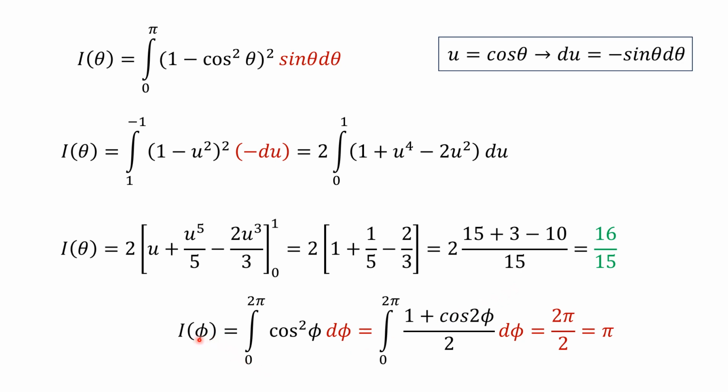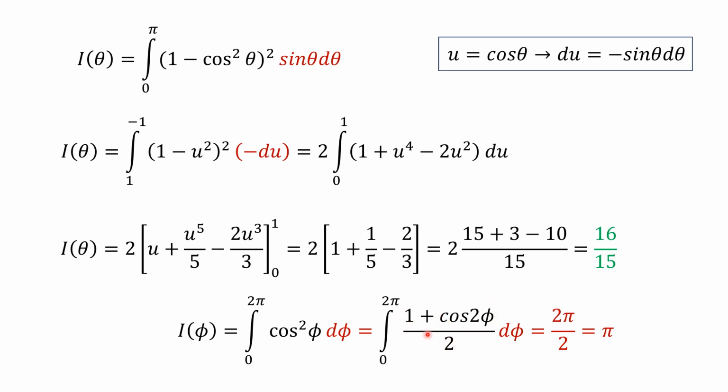Then we will see the phi integral. If you integrate between 0 to 2 pi, this is cos squared phi d phi. Cos squared phi can be written as (1 plus cos 2 phi) over 2. This can be written as half plus cos 2 phi over 2. Remember that the second part, if you integrate it, you will get sine. So naturally sine 0 is 0, sine 4 pi also 0, so don't worry about the second term.